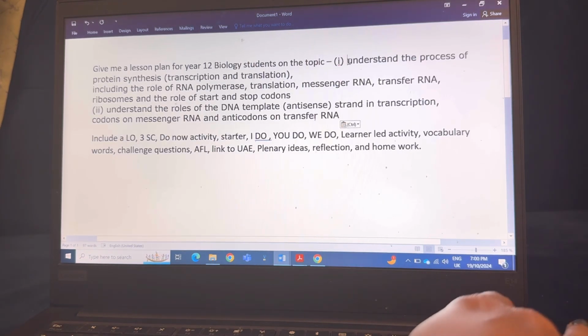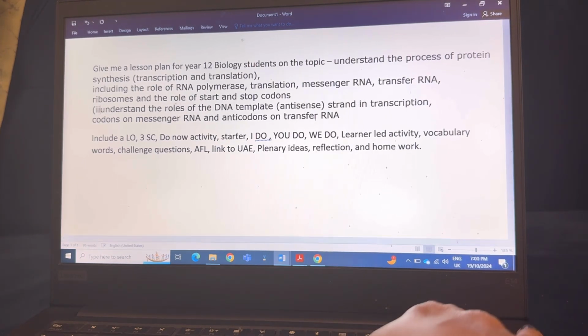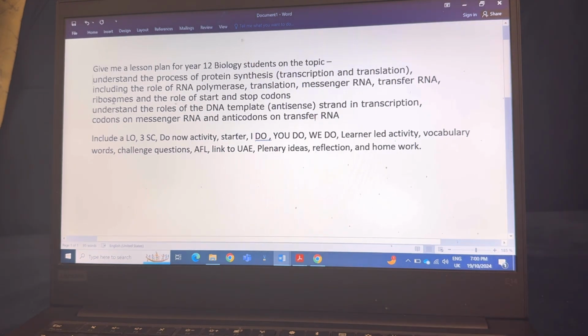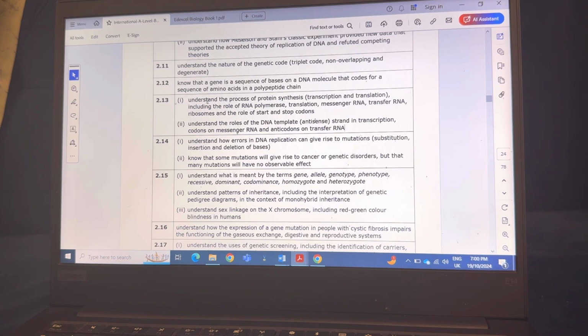Now, I have these 2 learning objectives suggested by the specification, but in most of the schools here, all the schools I must say, we don't use the word understand for a learning objective.